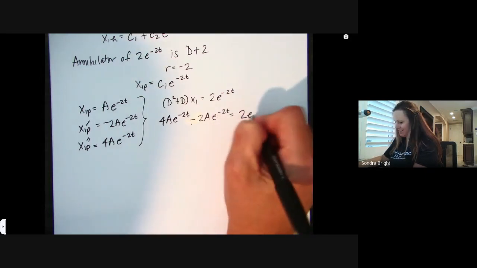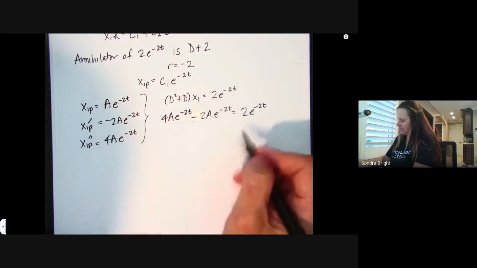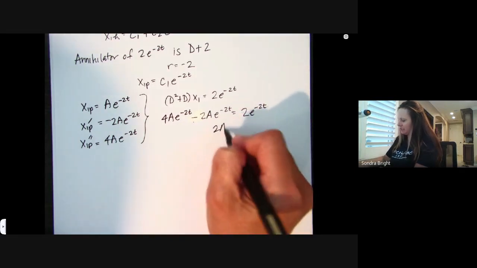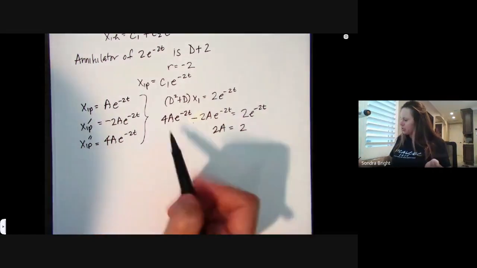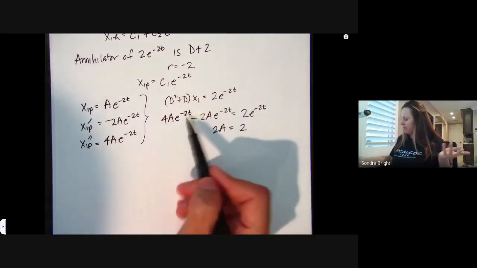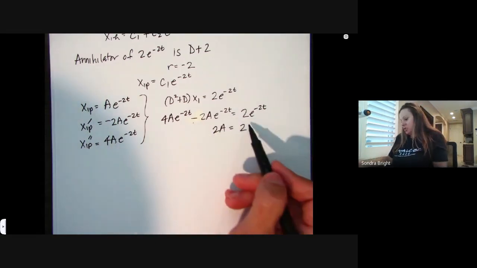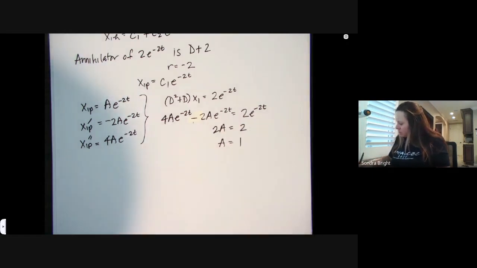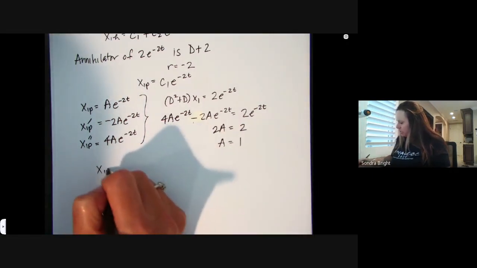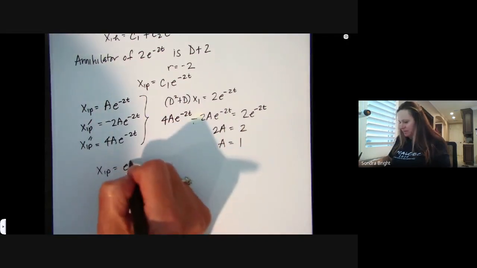Oh, look at how nice that is. You end up with 2A times e to the negative 2t. Equating coefficients, your coefficient is 2A on the left and 2 on the right. And so in that case, A must equal 1. So your particular solution is just 1 times e to the negative 2t.